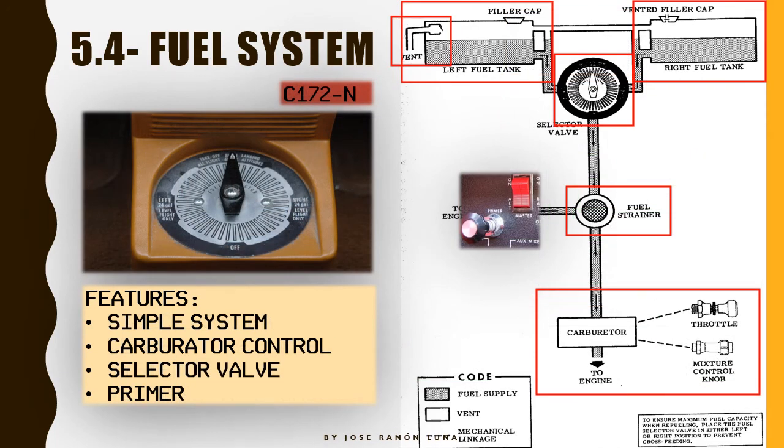So as a recap, we have the Cessna 172 November system that features a simple system with a carburetor control, a selector valve, that is this one that we have right here with 4 positions, and then we have a primer. Okay, remember this is the only system that features a primer because it's the only system that actually requires a manual primer, right?